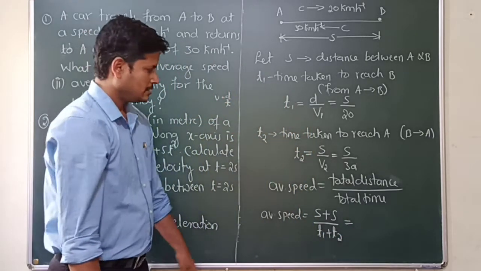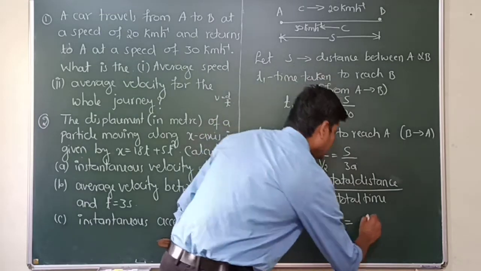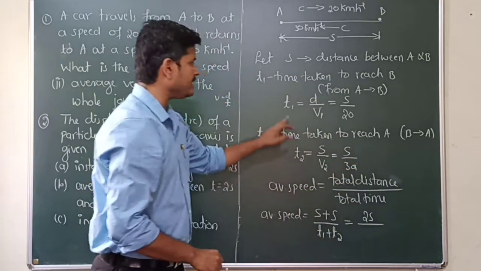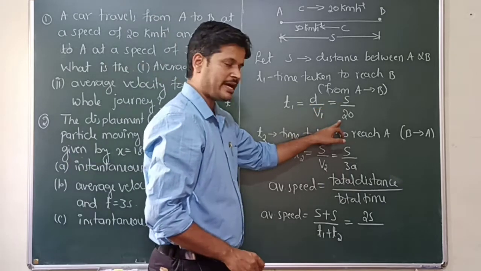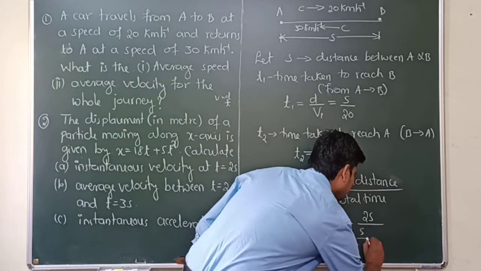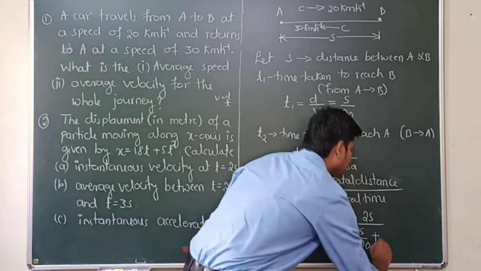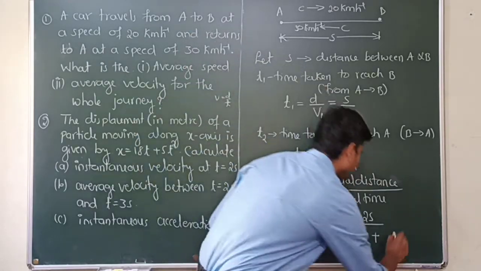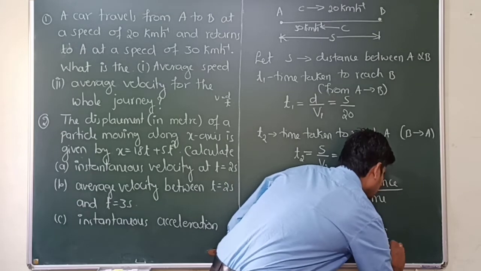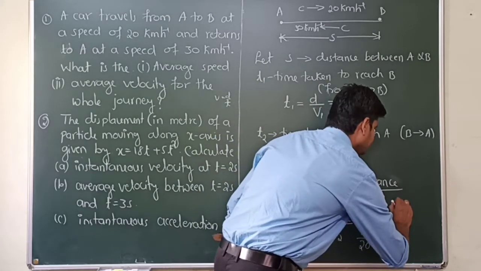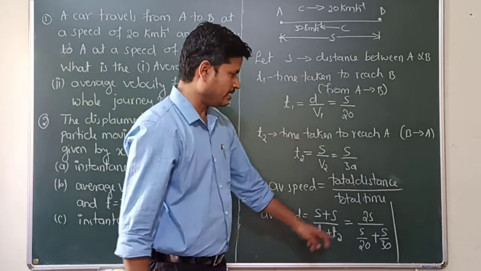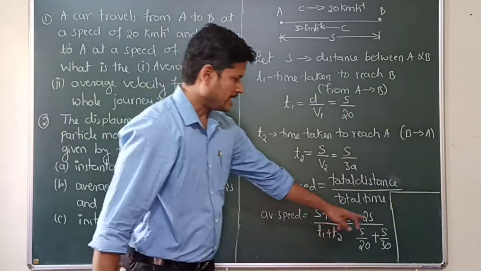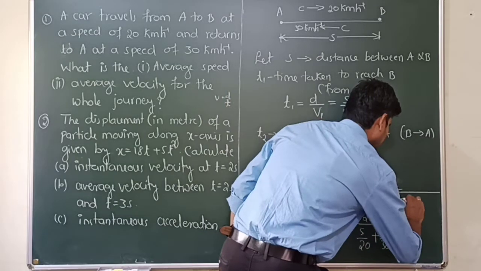Is it correct? Further simplify this. S plus S is 2S, whole divided by T1, which is S divided by 20, plus T2, which is S divided by 30.